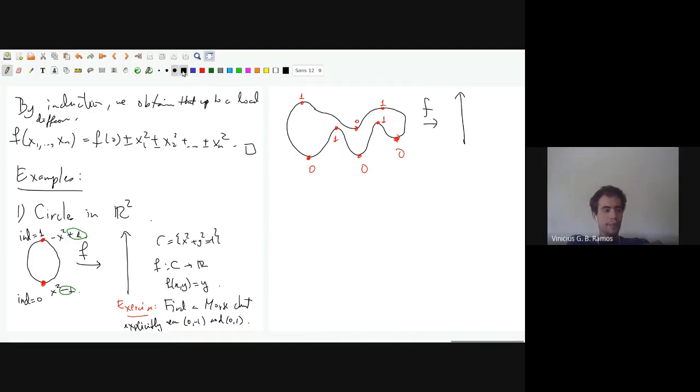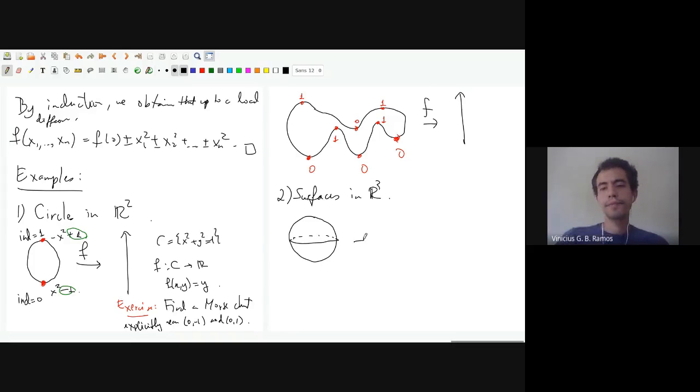All right, so let's look at the second kind of thing that you can look at, which is surfaces in R3. Let's start with your standard sphere. If I have something embedded into R3, I just look at the Morse function, which is the height function.